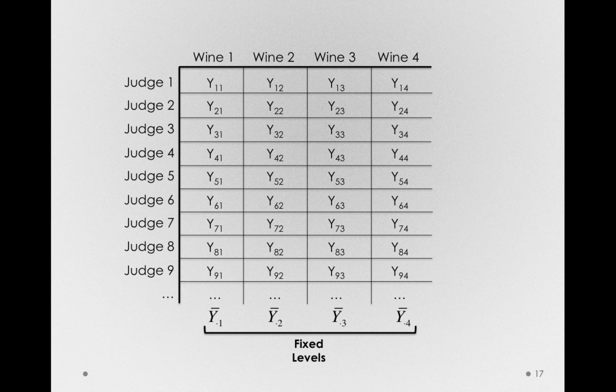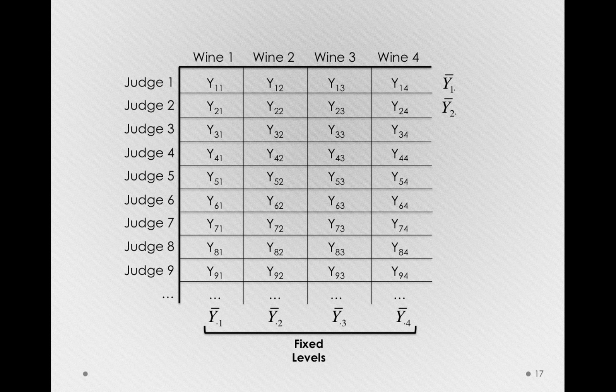All right, so now let's consider the judge rows. That is, each of our judges is giving us 4 observations, so actually we can compute a mean for each of our judges. Now think about what a mean for a judge really indicates. It's a judge's overall preference for how they're rating. Some judges will rate higher on average, and some judges will rate lower. So considering judge 1, the average across this judge's measurements will be y bar 1 dot. That is, the average of the different wines for judge 1.